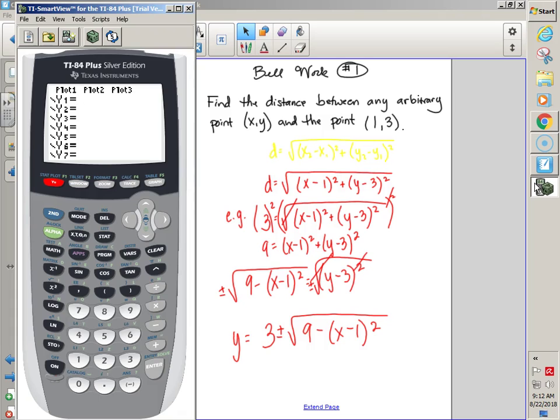So we're going to go ahead and throw in the 3 plus the square root of 9 minus x minus 1 quantity squared. Looks good. Then I can do 3 minus the square root 9 minus the quantity x minus 1 quantity squared.